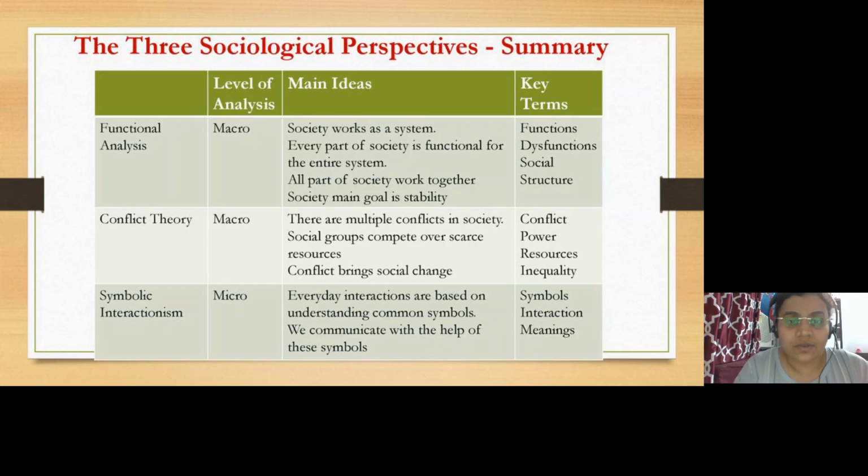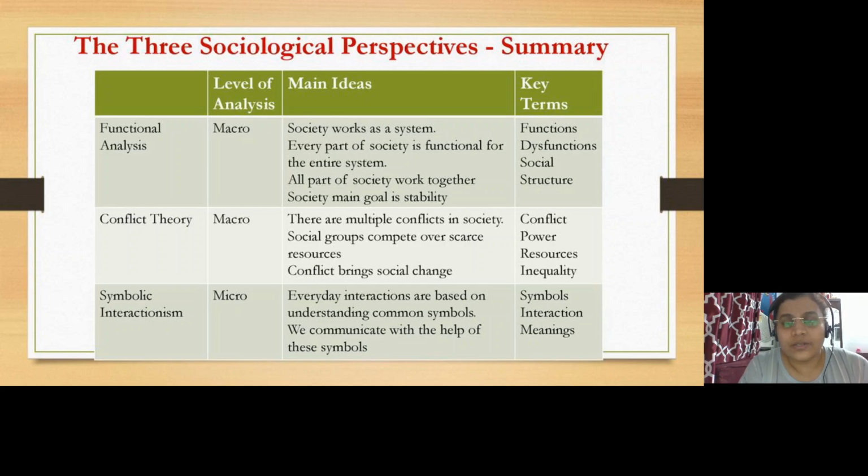And micro sociologists talk about the small units, all the parts of the units, like in a body there are so many organs, different organs, and their functions are pre-decided. They function in their pre-decided manner only. So in society also, similarly, it works like a body system.